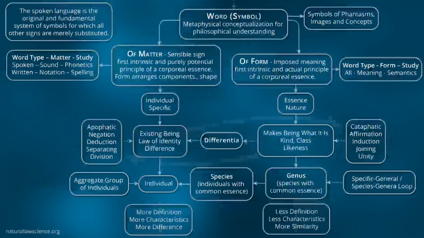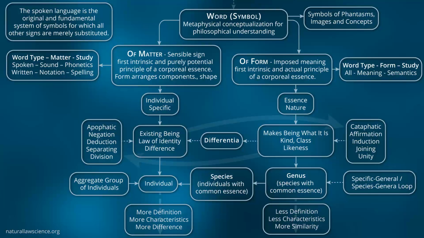Next image, image number 4, follows from the previous one. So from symbol we go down, then there's a dotted arrow. Now from symbol we're going specifically into word. So spoken language is the original and fundamental system of symbols for which all other signs are merely substituted.